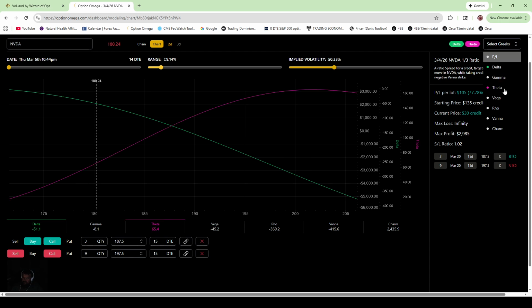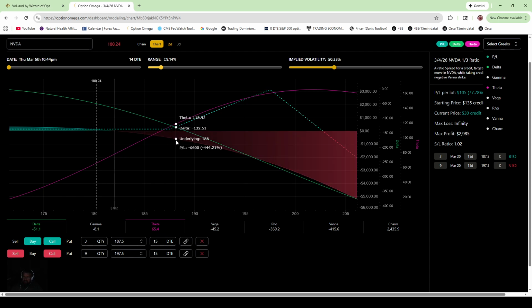Let's add theta in on this. But what's going to happen is as we go up, thetas are going to get more and more positive. We can look at that through the P&L line, because you'll be able to see, well, this is the P&L line. So price has to get sucked to the P&L line. So this is going to give us greater theta the higher we go up.